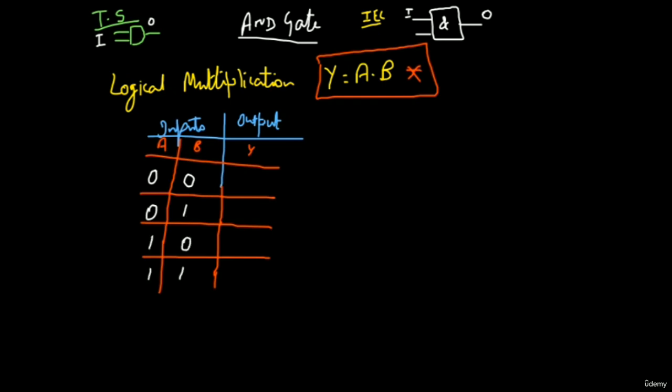Well, you can call them on, off, or 0 1, whichever way you like it. Now 0 multiply 0 is going to give us 0, 0 multiply 1 is going to give us 0, 1 multiply 0 is going to give us 0, and finally this is going to give us 1. Well, we have already studied that in detail in the previous section, so I'm not going to take that again and again, but I hope that you have revised the AND gate from here right now.